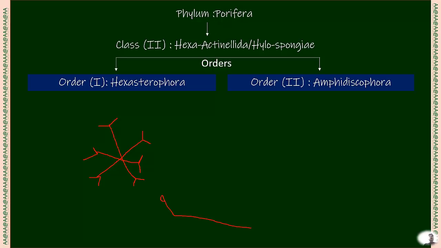So this is Hexasterophora. But in case of Amphidiscophora, what will happen? There are 6-rayed spicules again, because these 2 orders belong to class Hexactinellida. But here at the end there are disc-like structures like this.